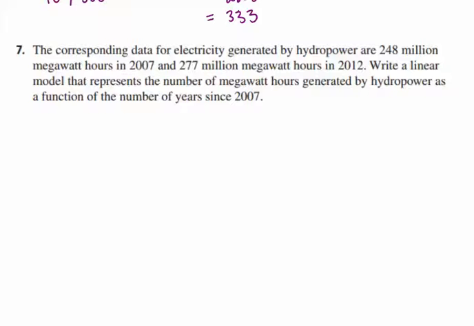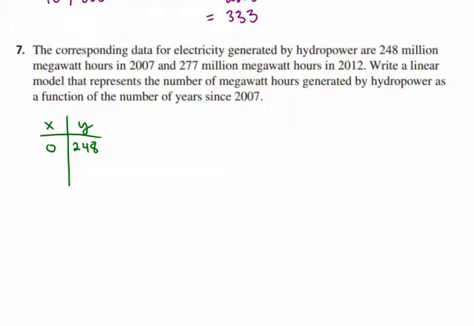The corresponding data for electricity generated by hydropower. Oh, by hydropower now, so it's not the non-hydropower. Hydropower is 248 million megawatt hours in 2007. So again, we're going to make a table, and the x values will still be the year since 2007. So we'll have 0 and 248 for the y.